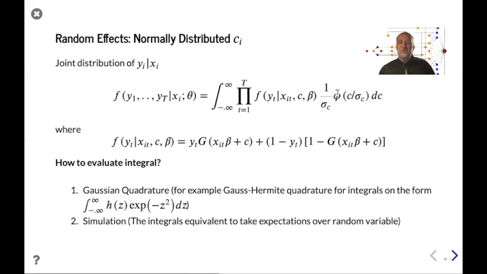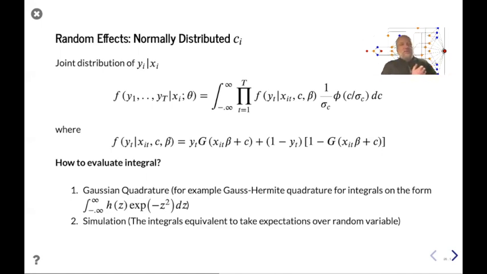When we take an expectation of a function of a random variable, it's the integral of that function times the density, integrated over its support, which in the case of the normal distribution is from minus infinity to plus infinity.